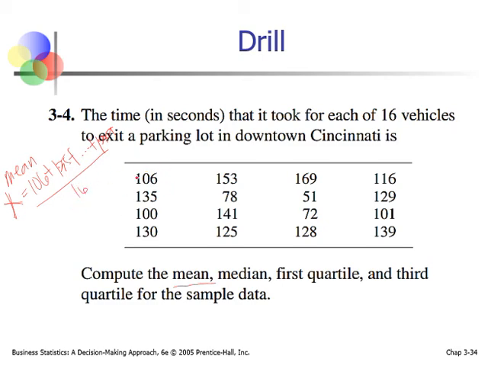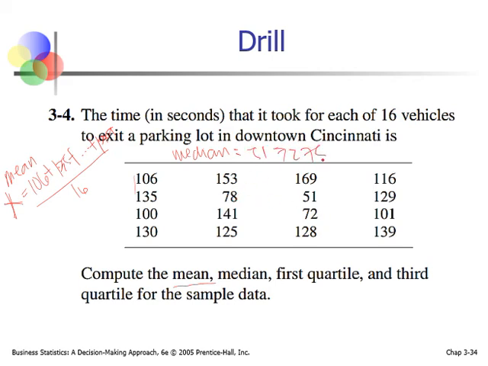For the median, you should arrange this in increasing order. The smallest is 51. Next is 72.